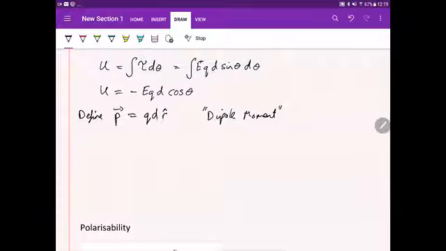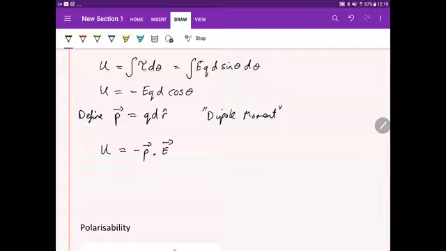If we do that, then we can simplify the equation to say that the energy change is equal to minus this new vector that we've described, the dot product of that with the electric field vector. The dot product of two vectors gives us a scalar, which is what we need to get an energy.